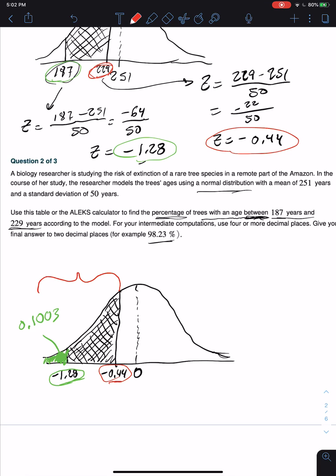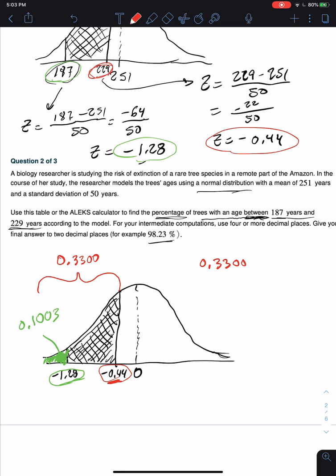When I look up a z-score of negative 0.44 on my table, I get 0.3300. And how do I get the shaded stuff? No problem. We've done this before.